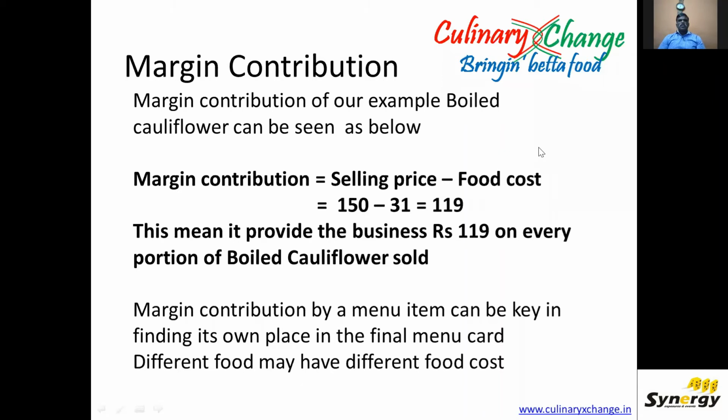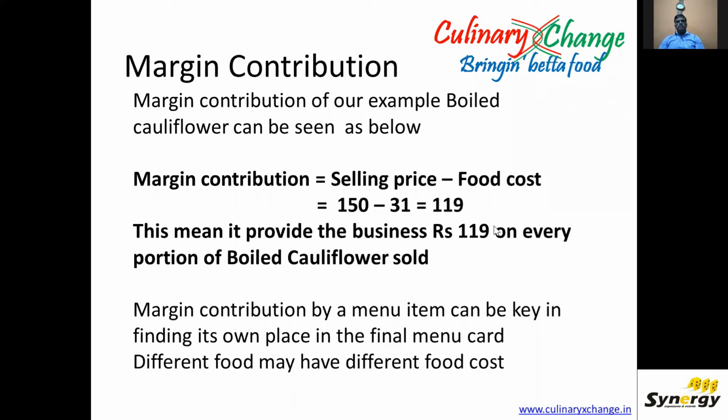Margin contribution is the difference between the selling price and food cost. Here we see a small example of a menu item. We discussed boiled cauliflower in the previous slide, the recipe card.